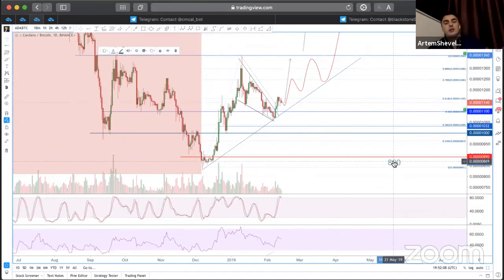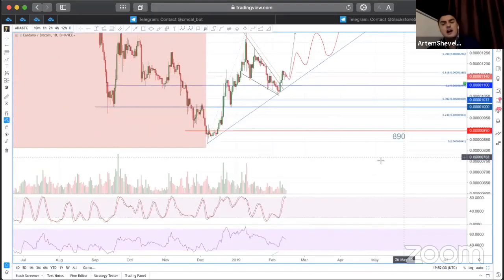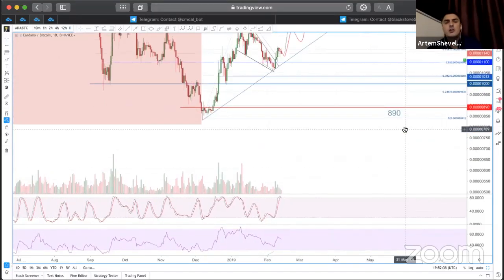But again, if it drops to this level, we're going to check the whole market, check what is happening, and we're going to react, like buying more, or stop loss here, or waiting, or keep holding and buy more lower. Because if the price goes lower, it's good to buy as well, because 700 is still a good level, 600 is still a good level for this coin.